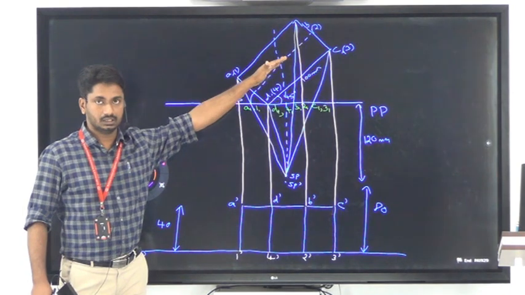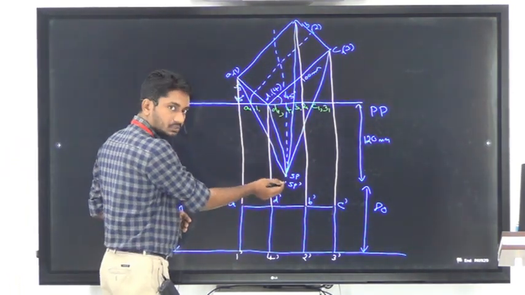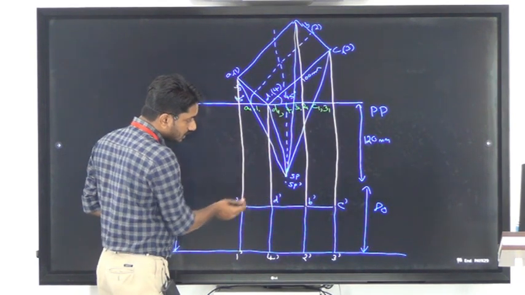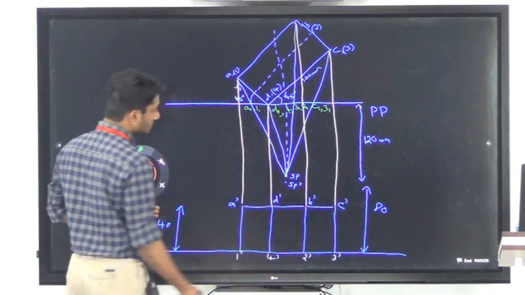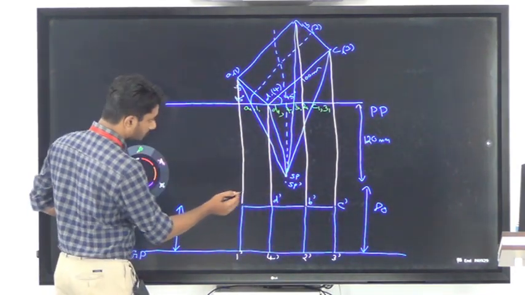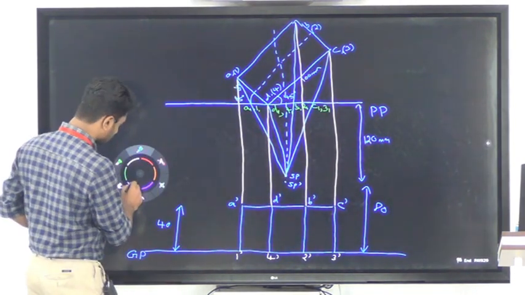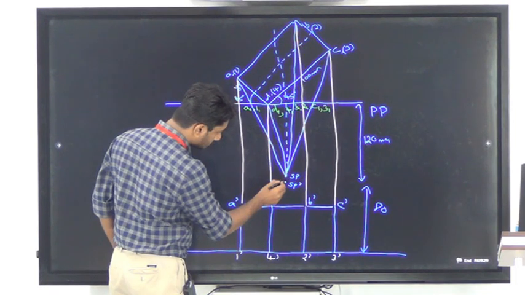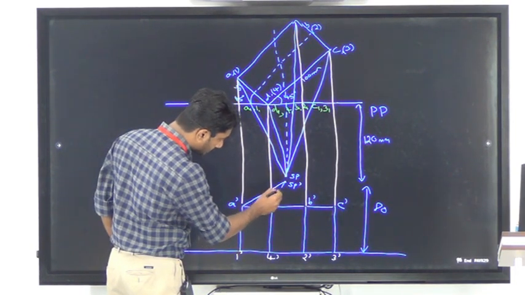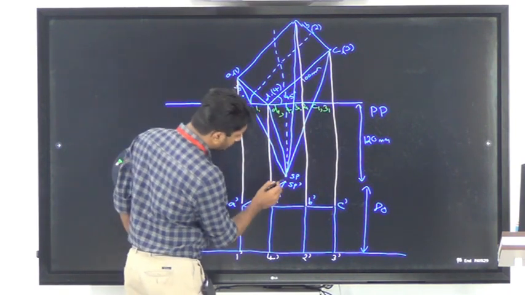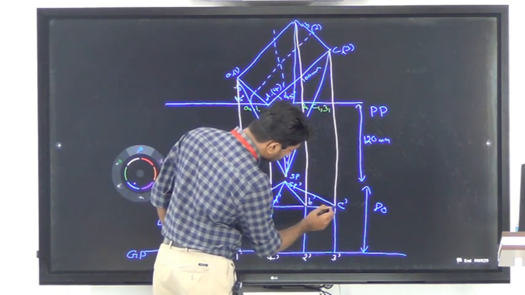So here we have joined the top view of the station point with the top views of the object. Then you have to join the front view of the station point with the front view of the different corners of the object. So here I am joining SP dash with A dash, then SP dash with D dash, SP dash with B dash, then last one C dash.